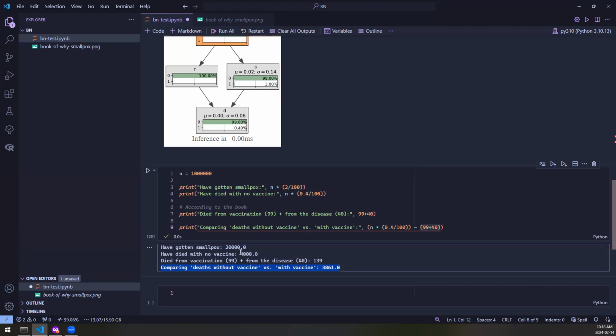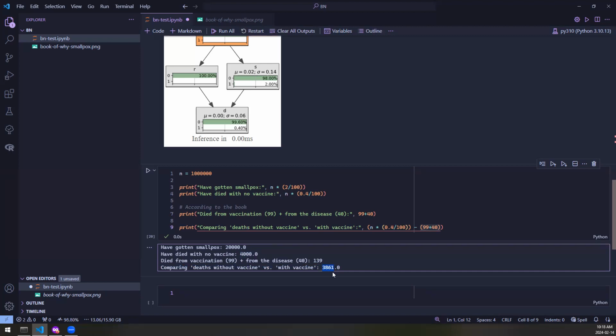And we know 4,000 is the amount of children that will die without taking the vaccine. If they do take it, we have the number of 139 that will die, right? So if children take the vaccine, we can save 3,861 children.